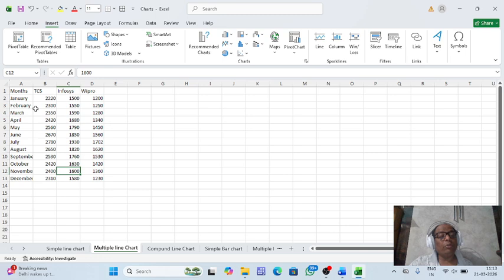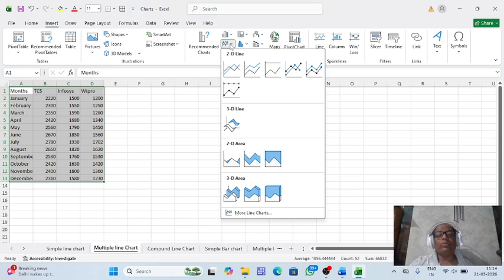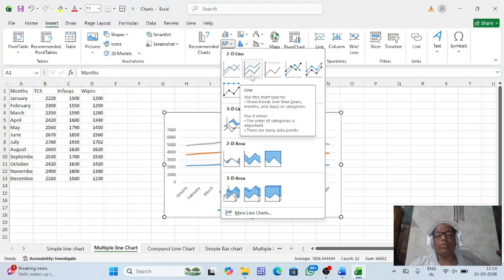But if you want to visually show it to your clients, then you have to select the months and the closing share price data of TCS, Infosys, and Wipro. Then you have to click on this, then you can click on this one or this one.